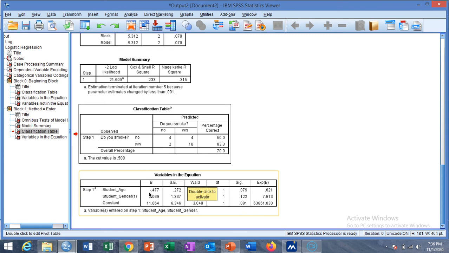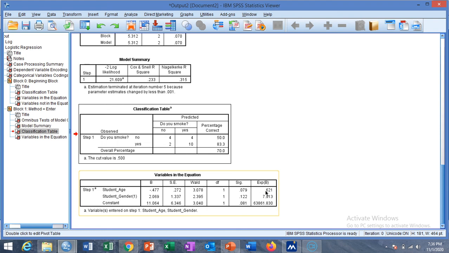This indicates that the log of odds decreases with an increase in student age, and the exponentiated value of the beta shows that a 1 unit increase in student age multiplies the odds ratio from no to yes by about 0.6.